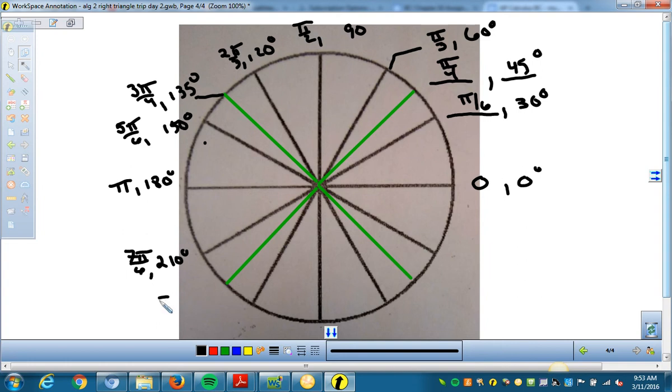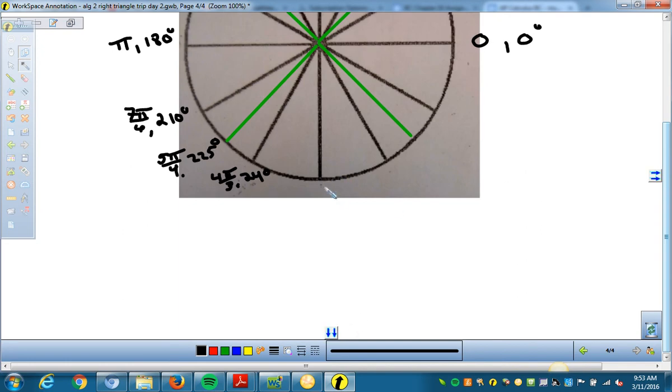This is 5 pi/4 and 225 degrees. Then we have 4 pi/3, 240 degrees. The bottom one was 3 pi/2 and 270 degrees.